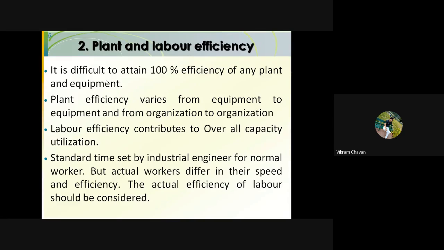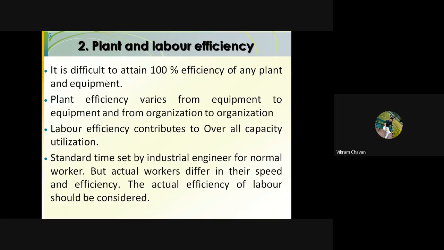That is standard time. This time is given by the industrial engineer and analyzed at the time of establishment of that particular plant or firm.